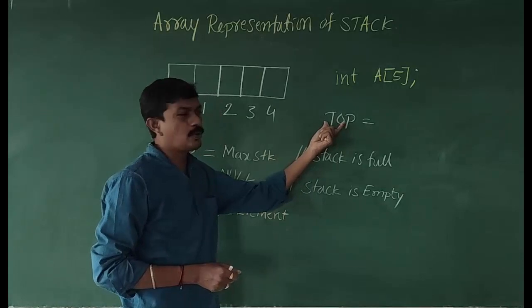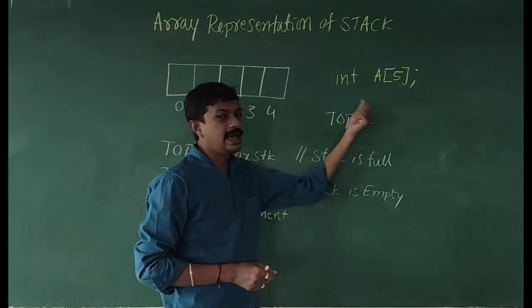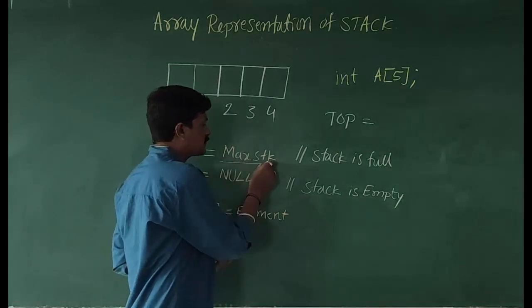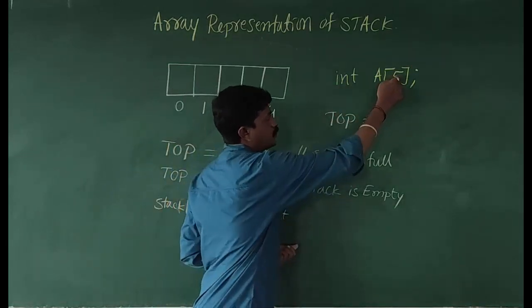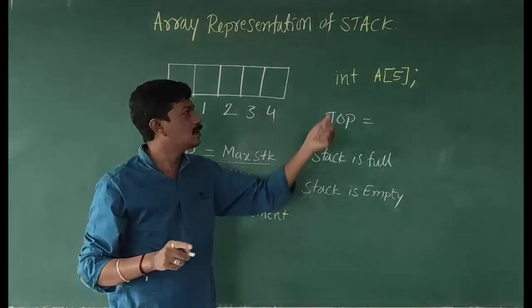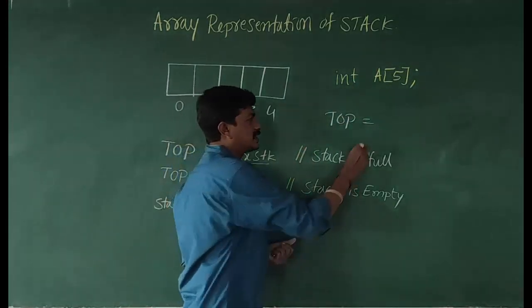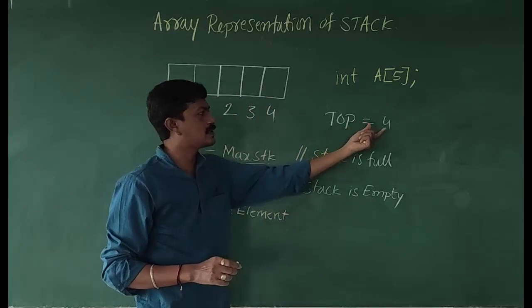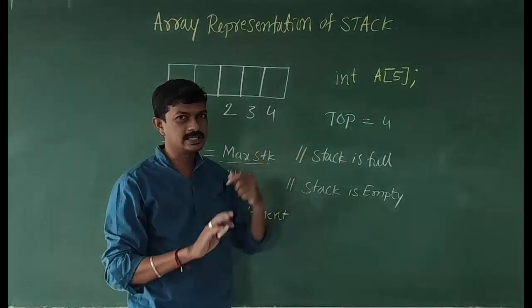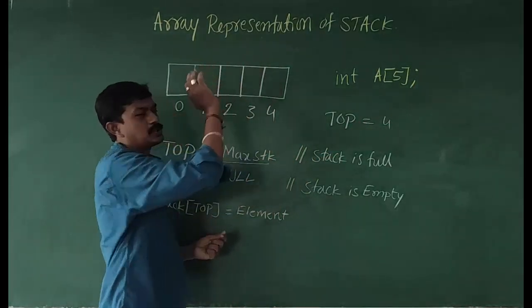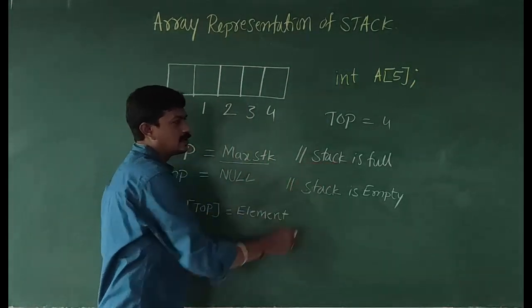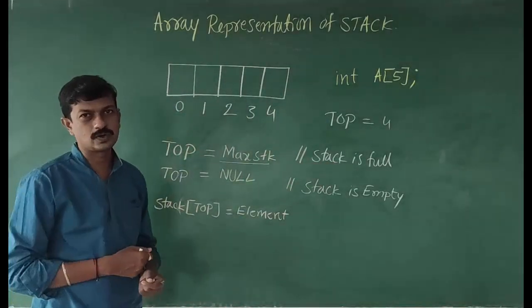Maximum of the stack is nothing but the total number of elements I can store, 5 minus 1, that is 4, that is n minus 1. If top points to 4, then it is not possible to insert an element into this array data structure, that is, the stack is full, which is the overflow condition.